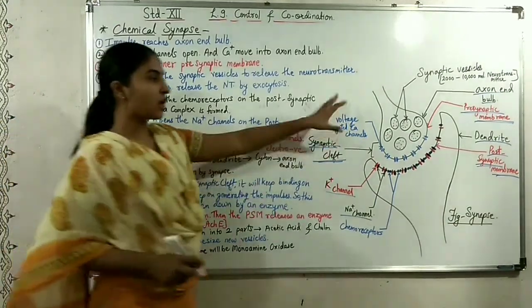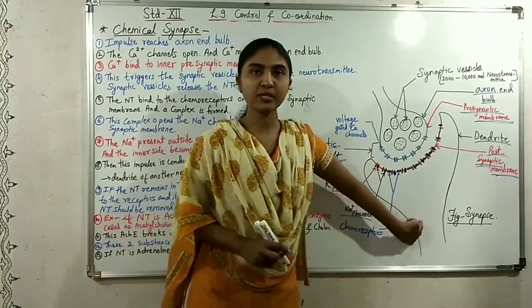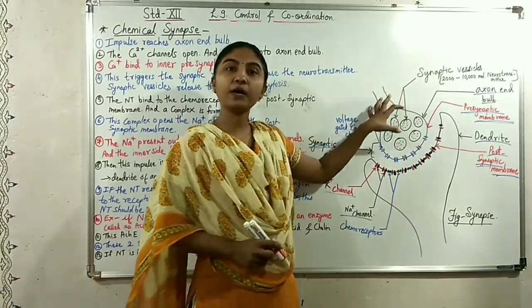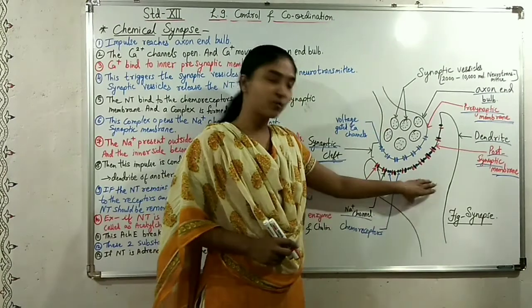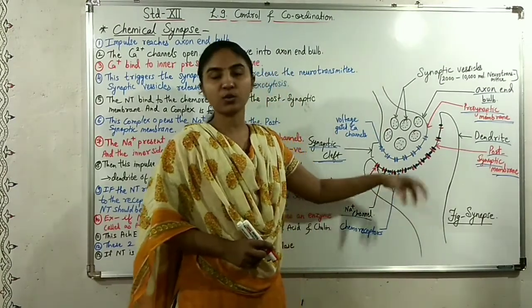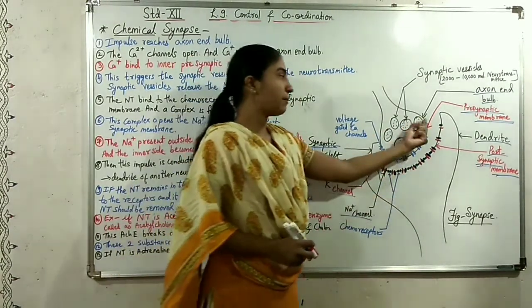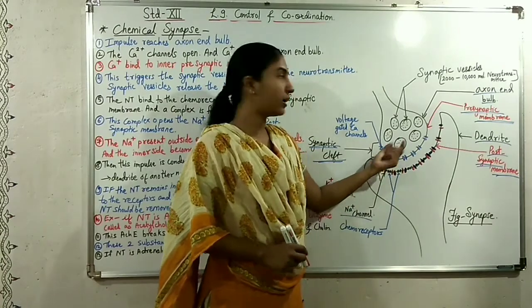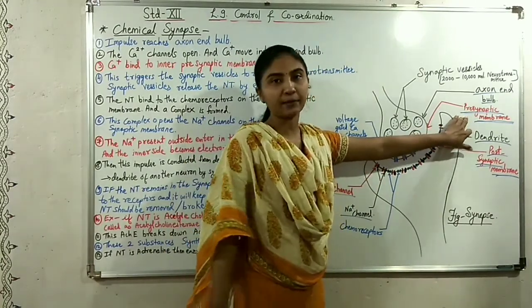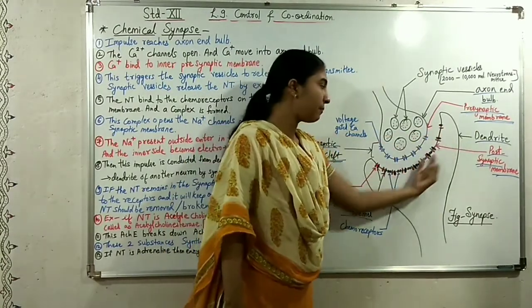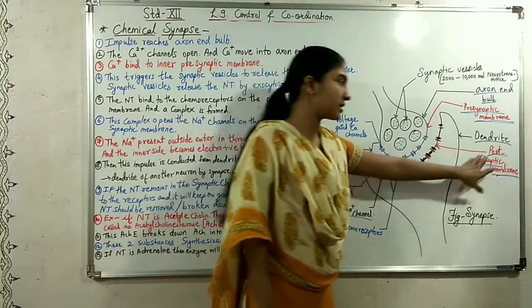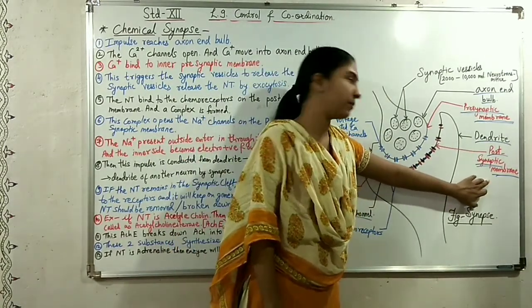Now, as we saw in the structure of the synapse, the axon end bulb of one neuron connects with the dendrite of another neuron through the synapse. The membrane of the axon end bulb is called the presynaptic membrane, whereas the membrane of the dendrite is called the postsynaptic membrane.